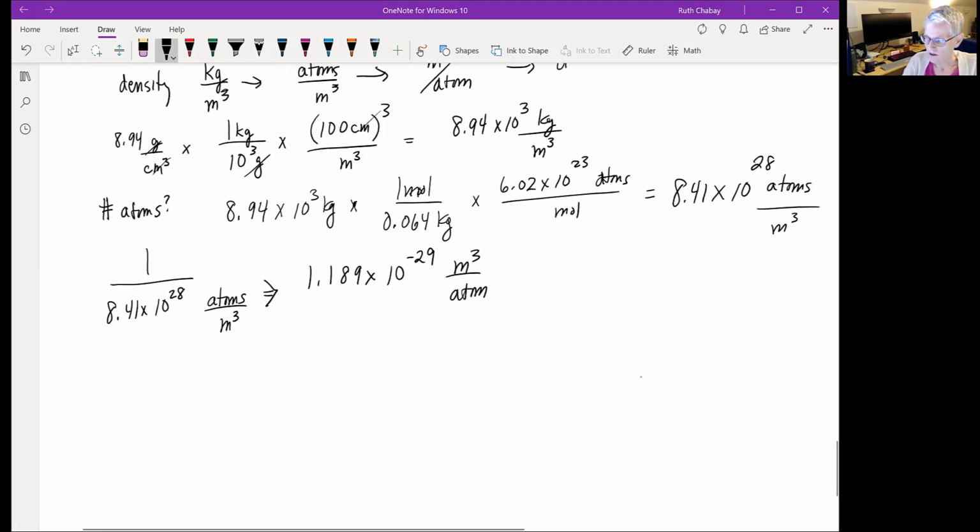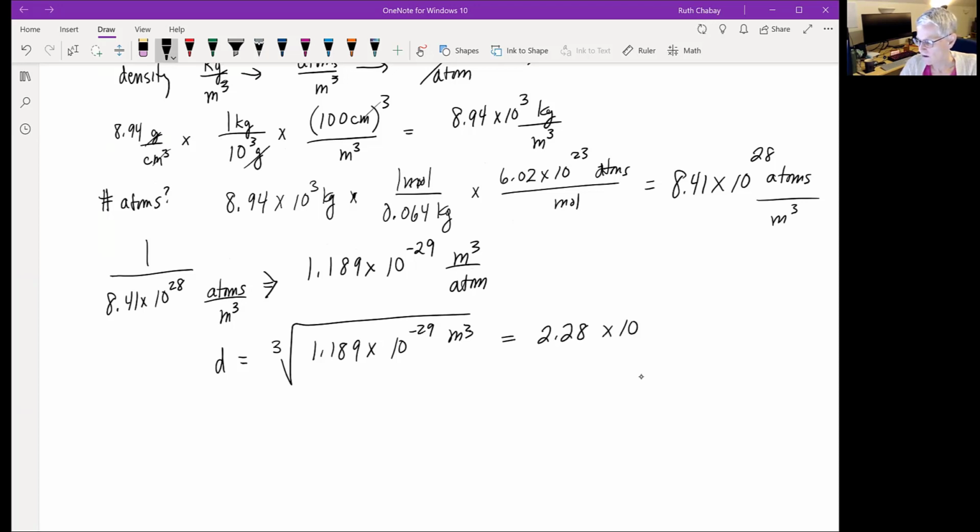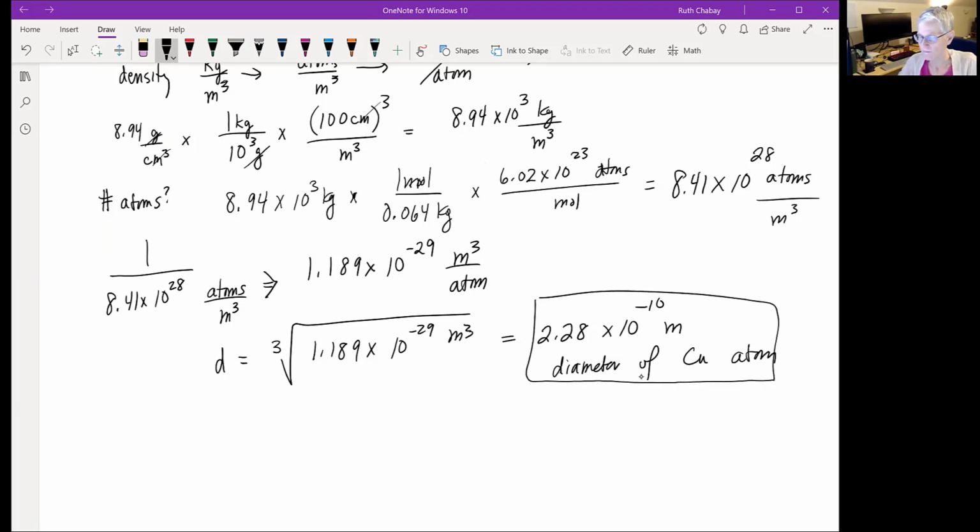And so the diameter of the atom, the side of this cube, D, is the cube root of 1.189 times 10 to the minus 29 cubic meters. And that gives us about 2.28 times 10 to the minus 10 meters. This is the diameter of a copper atom.